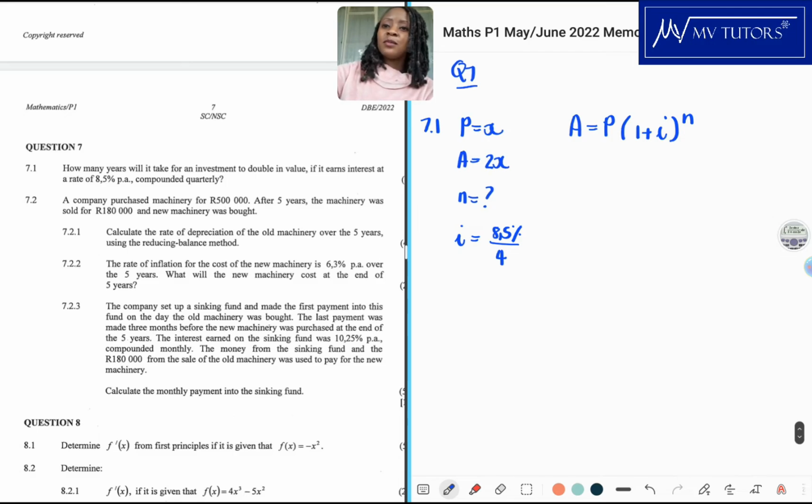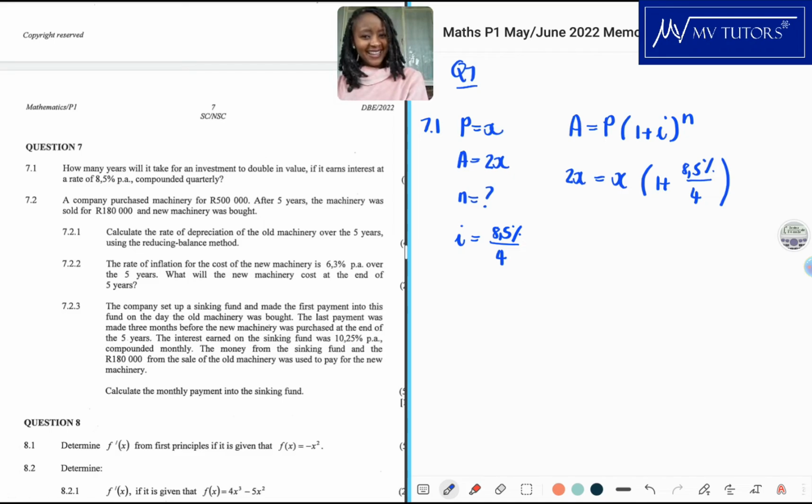But yeah, so it resulted as being double. This was the initial, 1 plus i, 8.5% per annum compounded quarterly. And then the n, it's in years, right? So normally if they said it is 4 years, you would say 4 times 4 because it's quarterly. So here I would put 4 in.